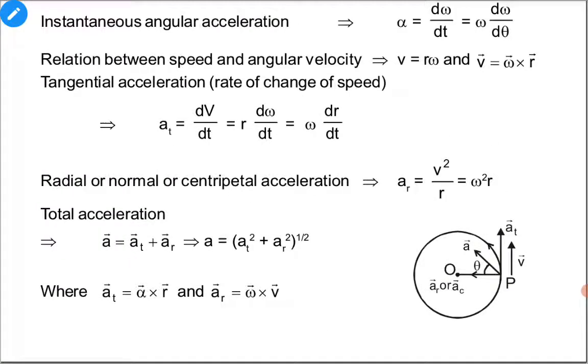Radial or normal or centripetal acceleration, ar equals v square upon r, equals omega square into r. Total acceleration, a equals a tangential plus a radial, equals under root a tangential square plus a radial square, where a tangential equals alpha cross r and a radial equals omega cross r.